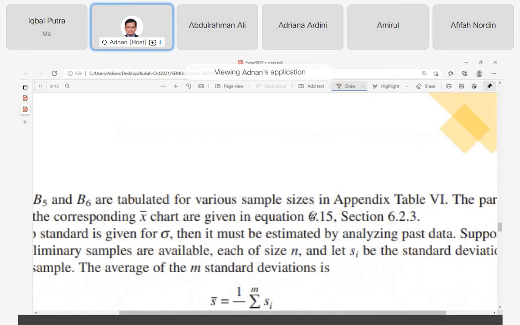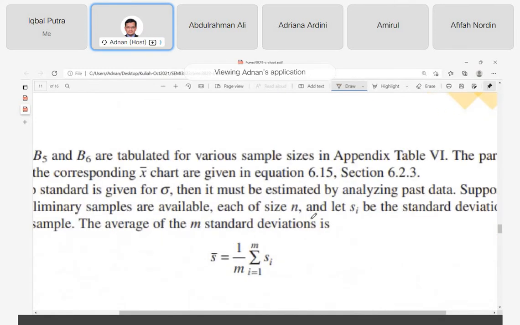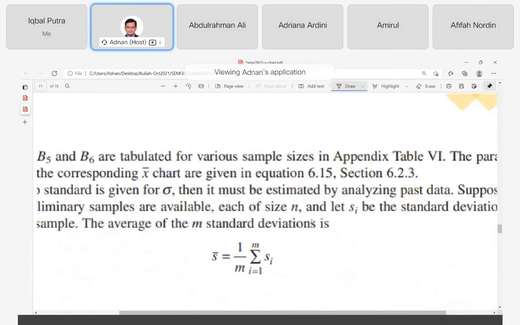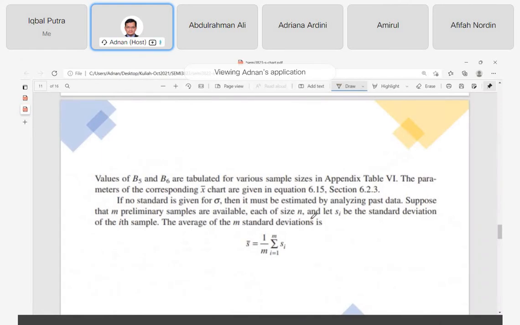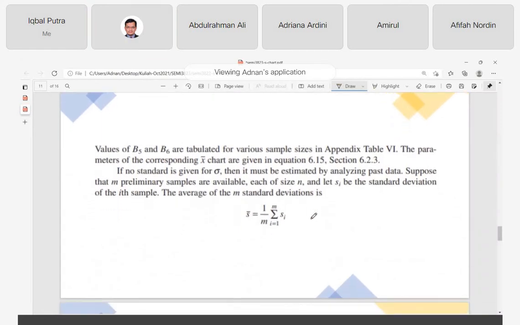Okay, there are times where we need to use estimated value. For example, when there is no standard given for this sigma, so we use this, like what we did in this case.